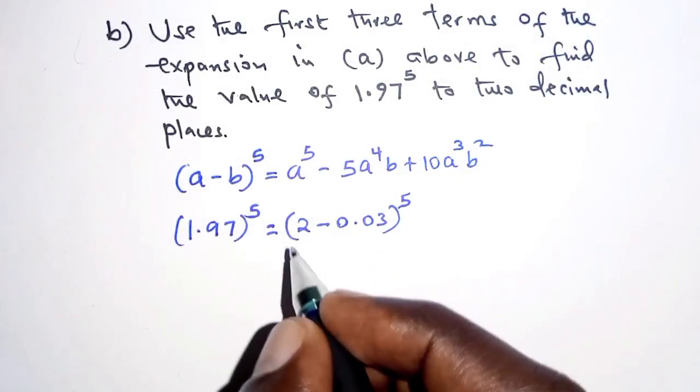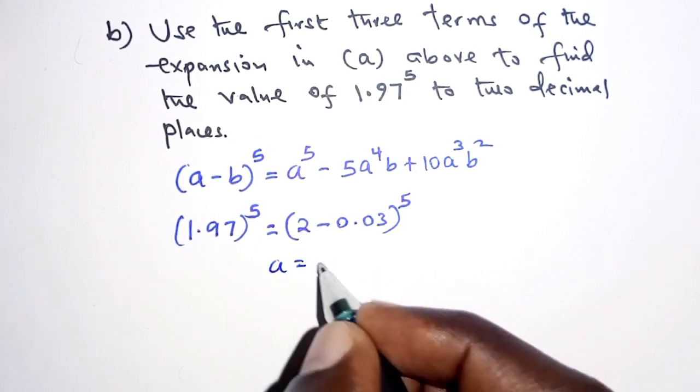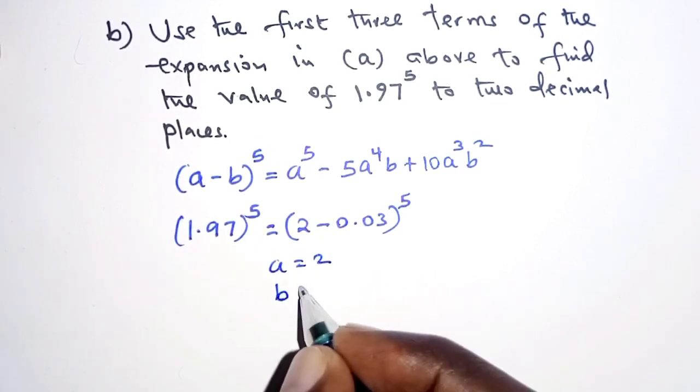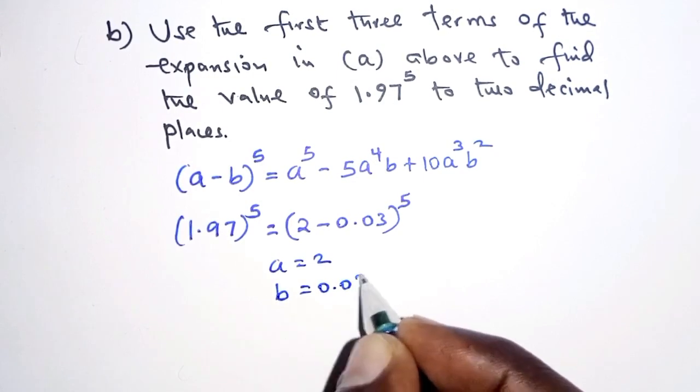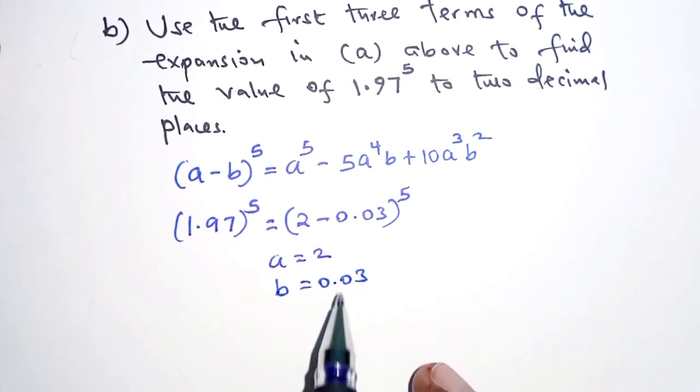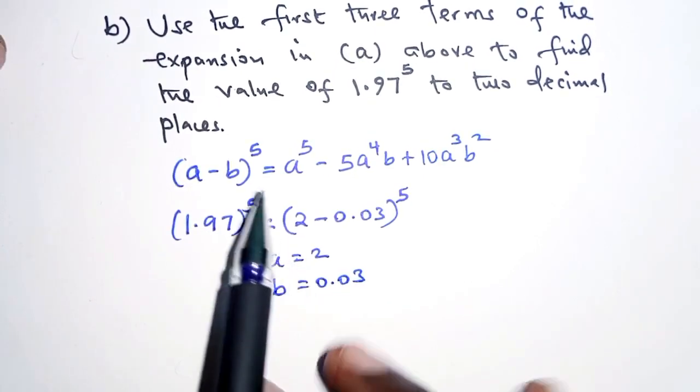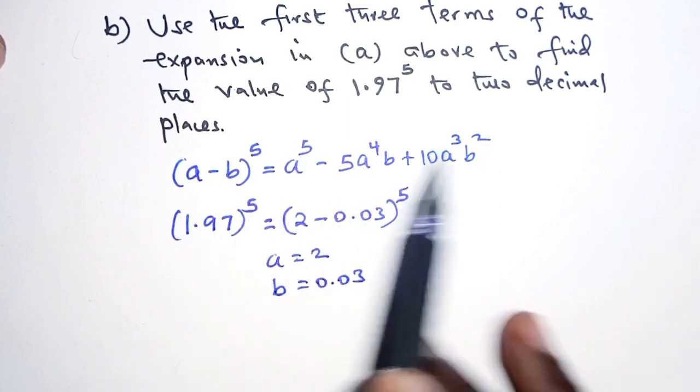From here, we've identified that a is 2 and b is 0.03, and the next task is to substitute them in our expansion as required.